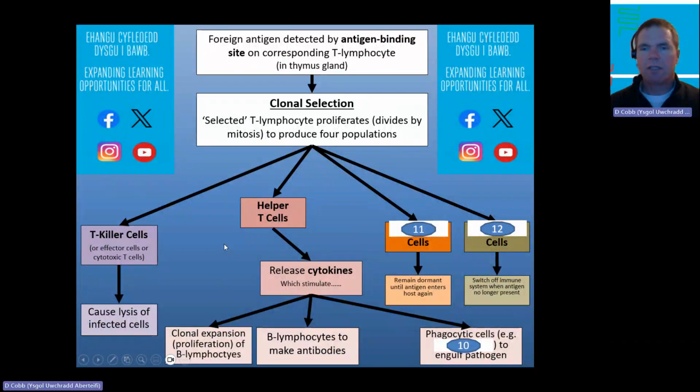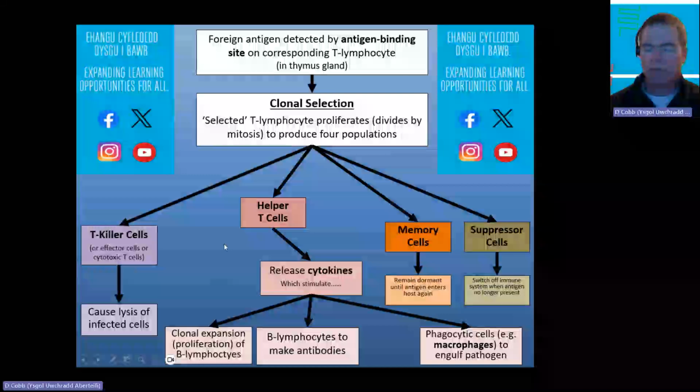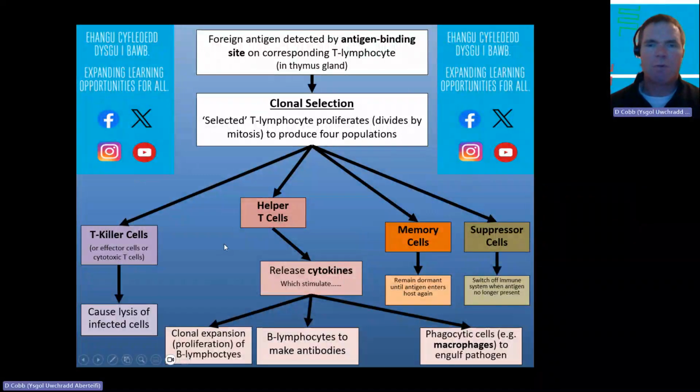And they also stimulate the phagocytic cells, such as macrophages, to engulf a pathogen. Number 11 here, what else do we produce? It's memory cells. And number 12 is suppressor cells. Memory cells, they just stay there, waiting for the antigen to enter the body again. Suppressor cells, their job is to switch the immune system off when the antigen isn't there anymore.